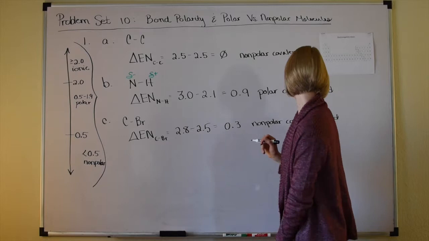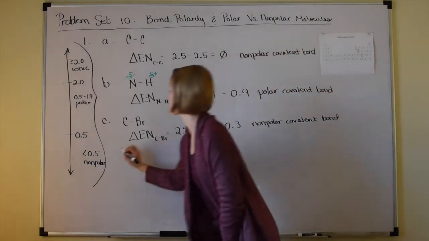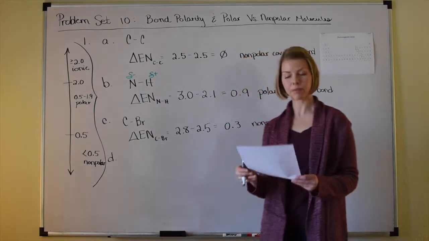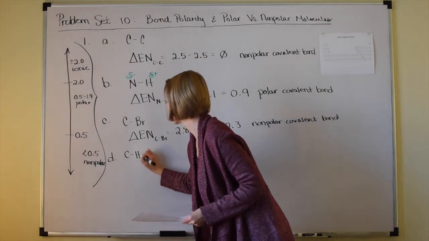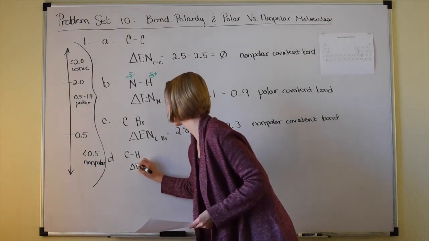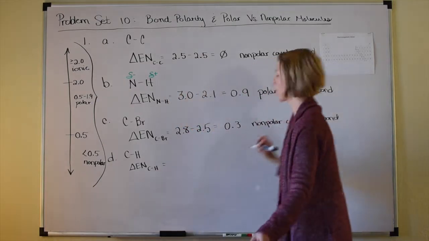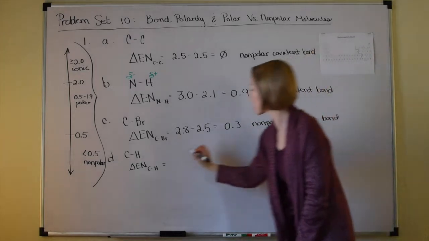All right, so a nonpolar covalent bond for C, which means no partial positive, no partial negative charge buildup. So we're going to move on to D. D is a carbon-hydrogen bond. So the delta EN for a carbon-hydrogen bond is going to be 2.5 for carbon minus the 2.1 for the hydrogen.